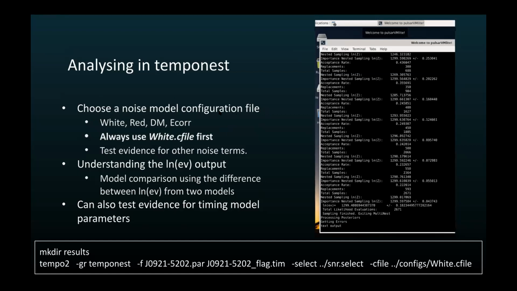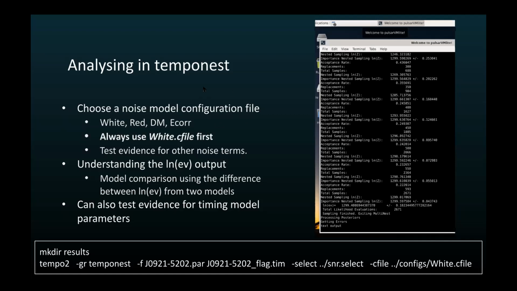This configuration file is what TempoNest reads in, and it basically contains some switches to turn various noise terms on and off, and it describes the prior probability distribution that it should sample for those noise parameters.